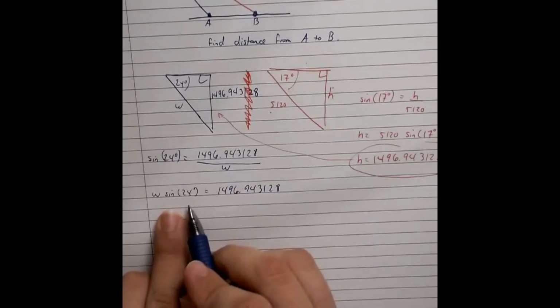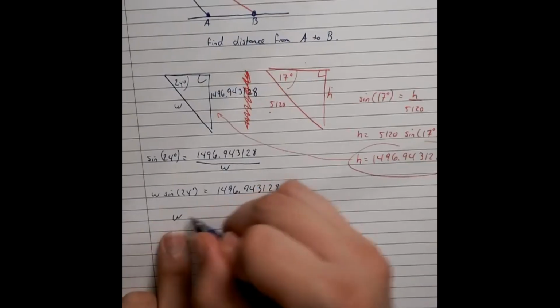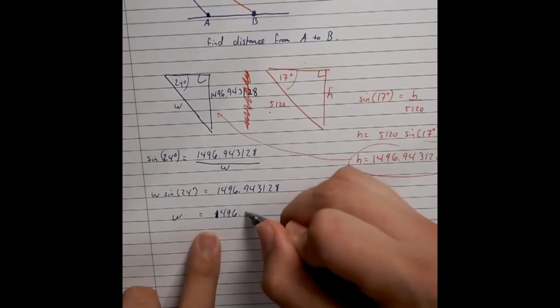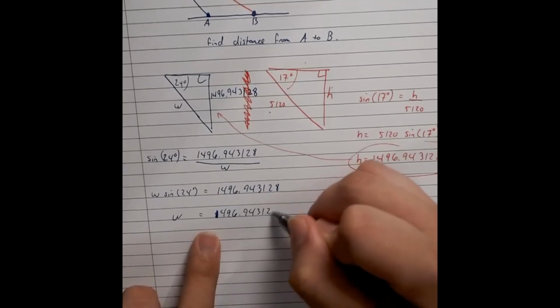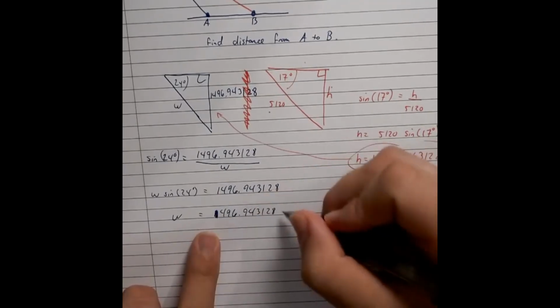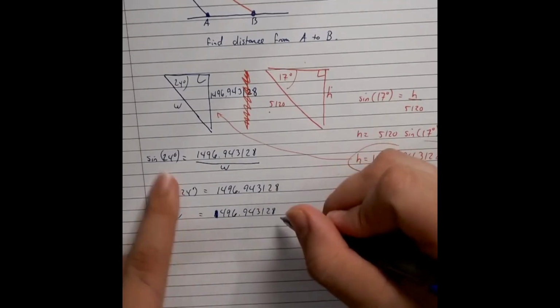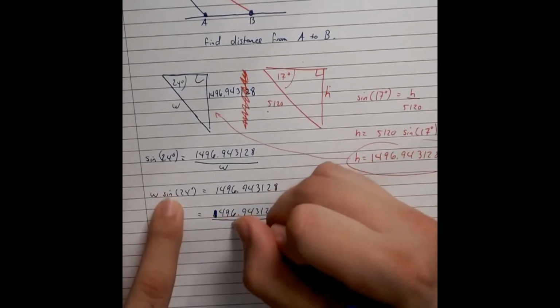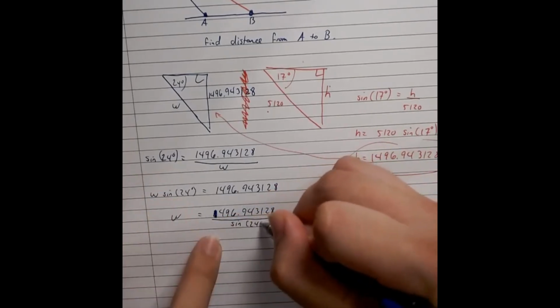And if I divide both sides by the sine of 24 degrees, that'll give me my w. So this will give me 1496.943128 divided by the sine of 24 degrees.